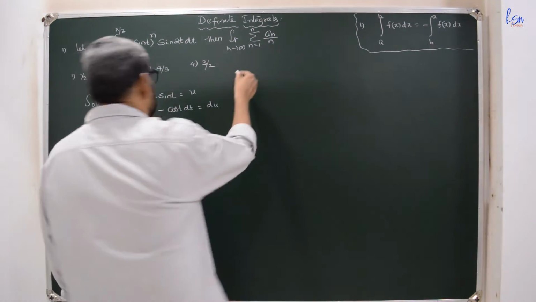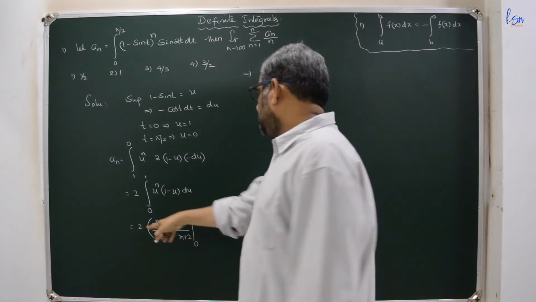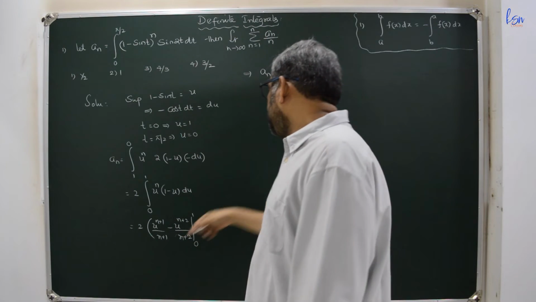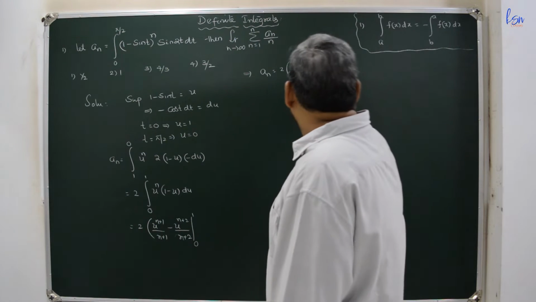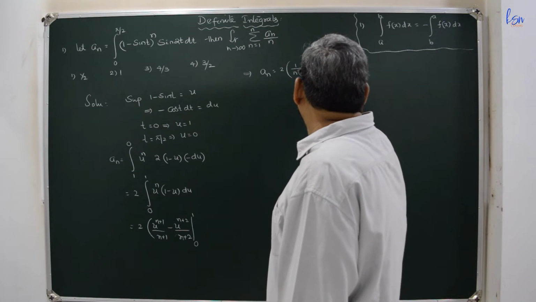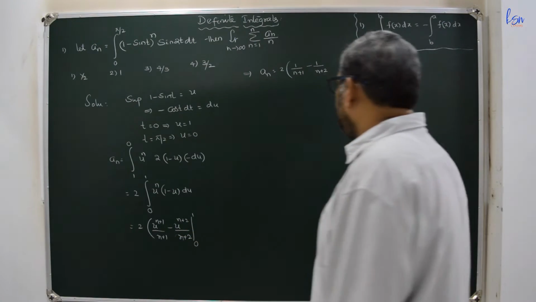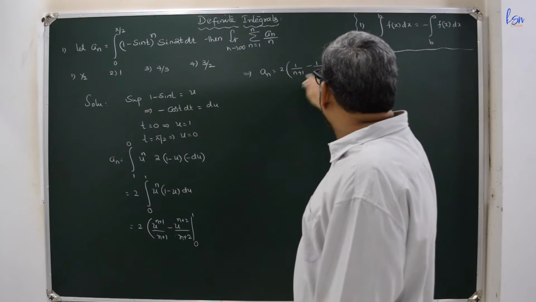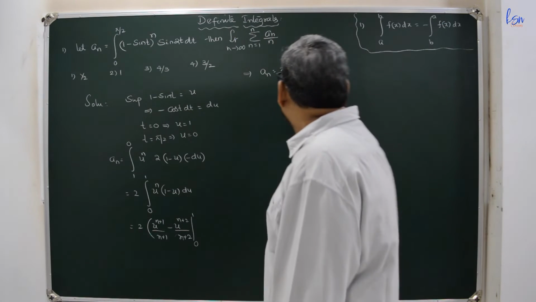Now an can be written as 2 into 1 by n plus 1, applying the upper limit, minus 1 by n plus 2. So this is what the resultant is, 1 by n plus 1 minus 1 by n plus 2. When you apply 0, you will find 0.